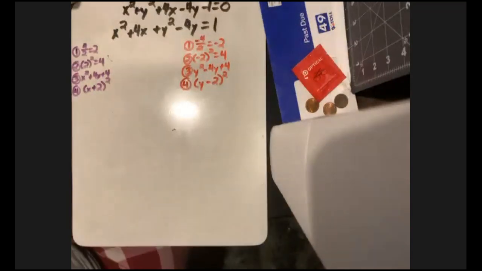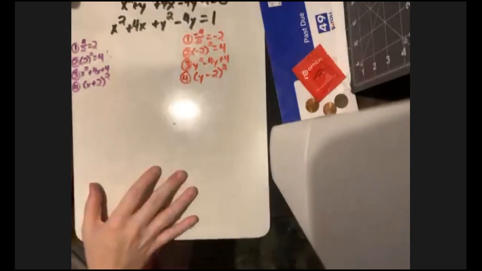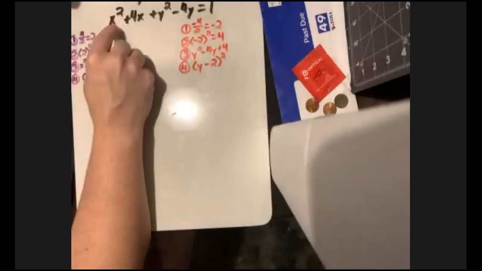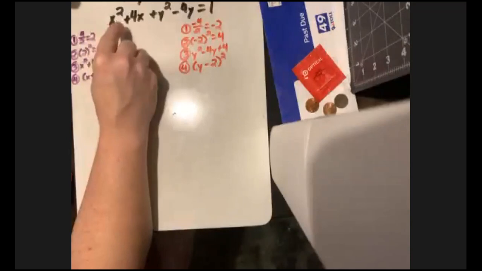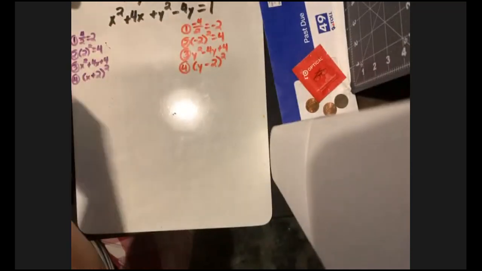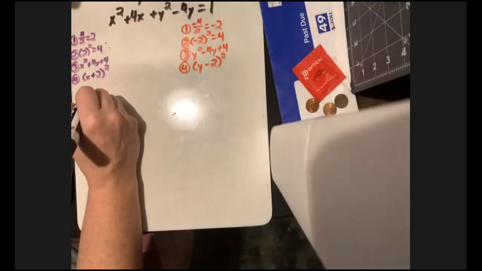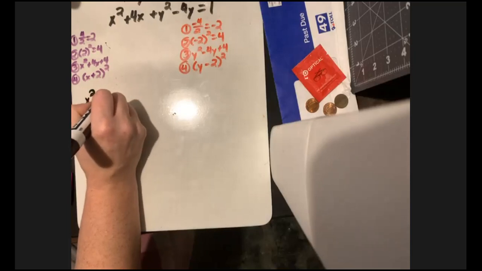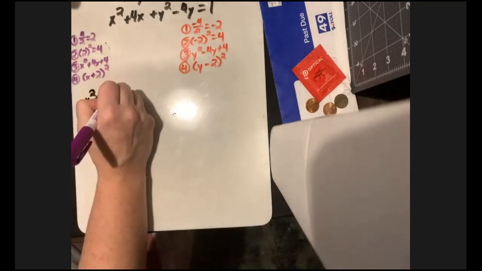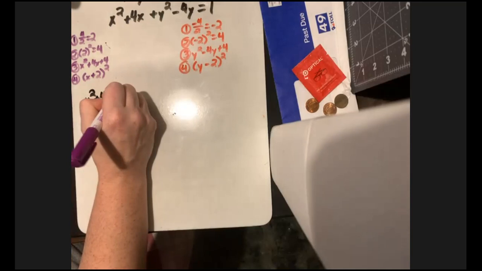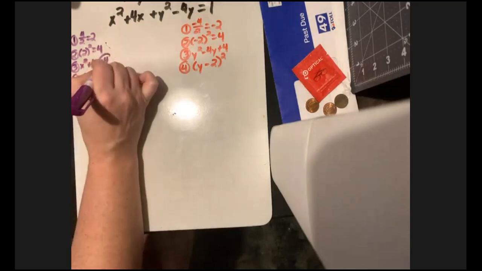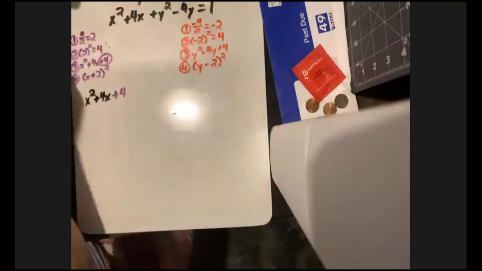Okay. Now, same as we did before, I need to get this chunk, this x squared plus 4x, to look like the stuff in line 3. So I'm going to have x squared plus 4x, and I'm going to do plus 4. So I'm adding that 4 that I had on that line. Okay.